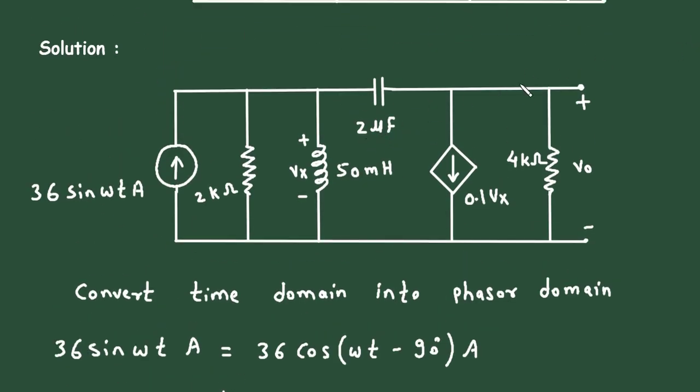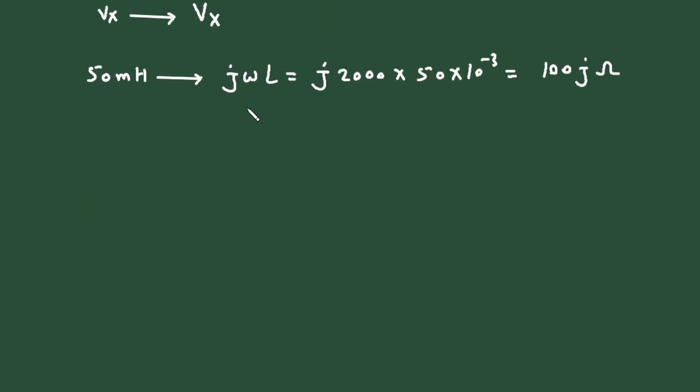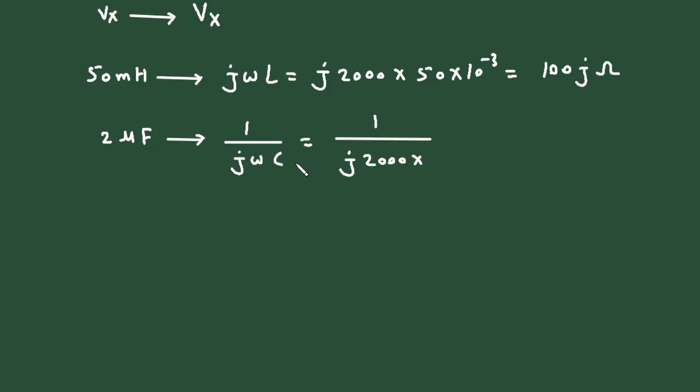Then this 2 microfarad will change to 1 upon j omega c. So 1 upon j into omega value 2000 into capacitance value 2 into 10 to the power minus 6.